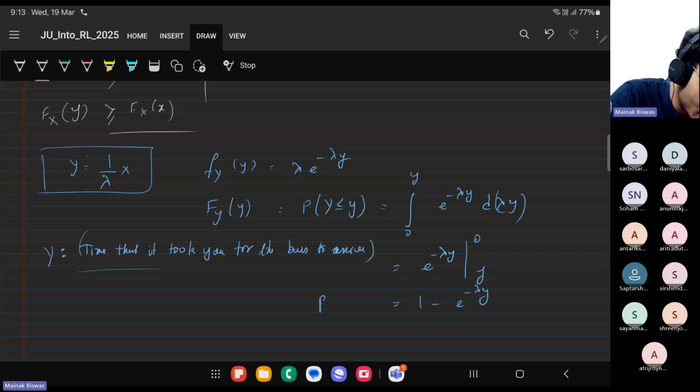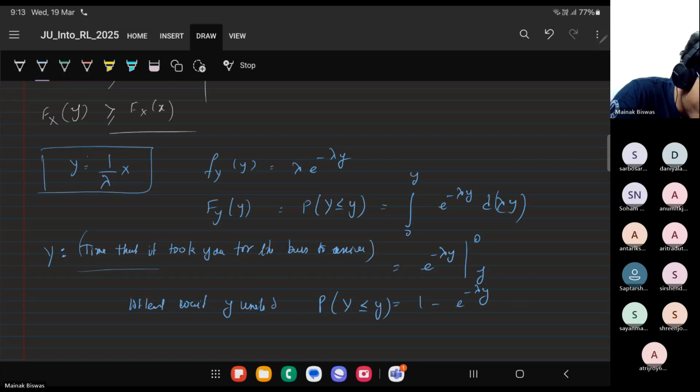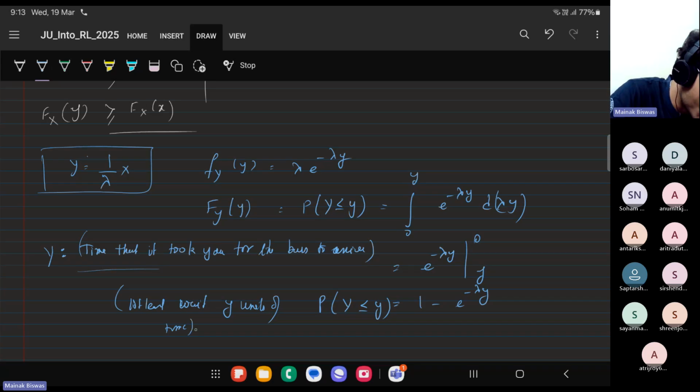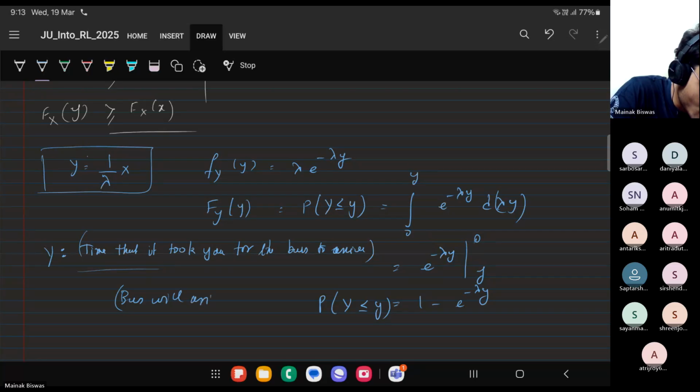So I'm saying that you have to wait at least y minutes, say y units of time. Or rather, am I right? Or the bus will arrive is what I'm trying to say. The probability that the bus will arrive before y.